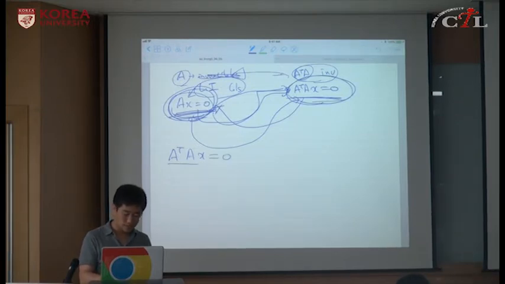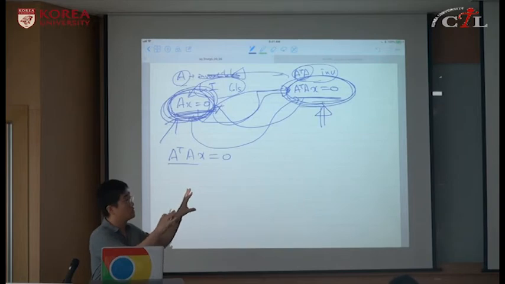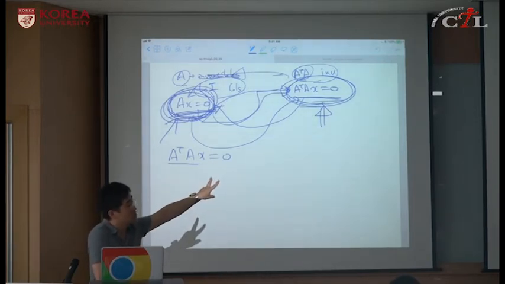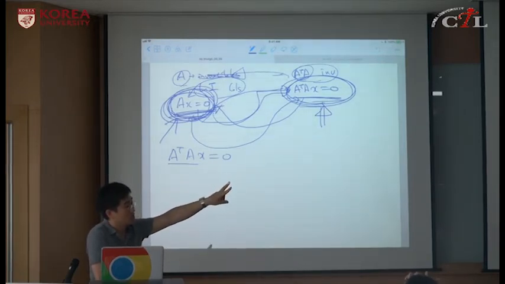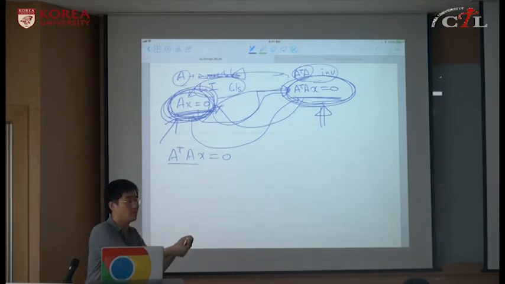So if this guy is satisfied for a particular x, then this one is automatically satisfied, right? So if this guy has only the trivial solution, that trivial solution will also be obtained in this case, right? So basically the solution sets of the first homogeneous linear system and the second homogeneous linear system are equivalent. So that's what we want to prove.